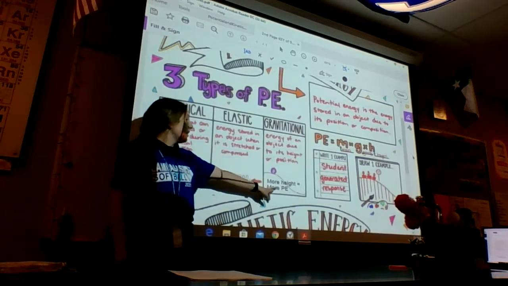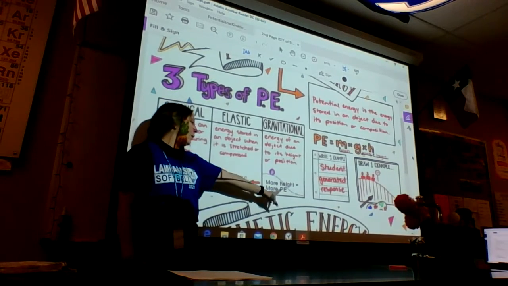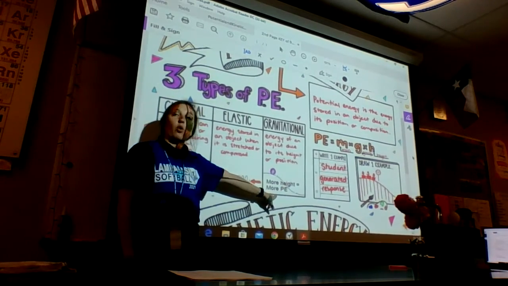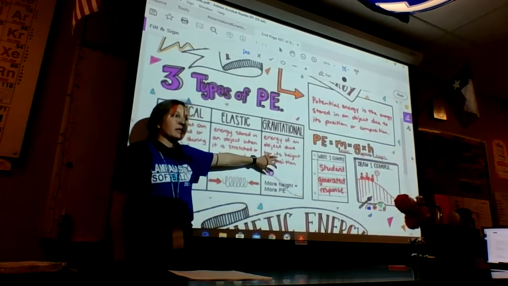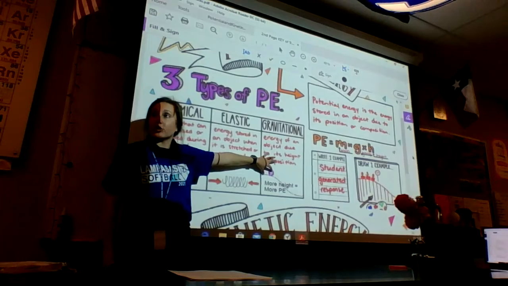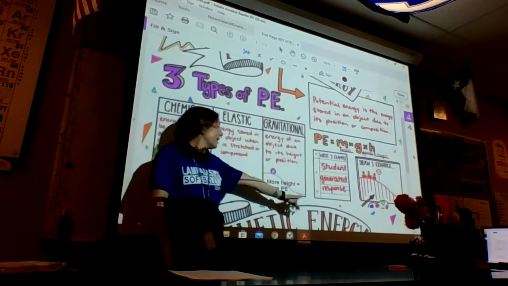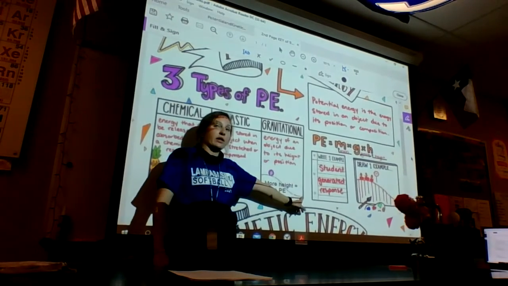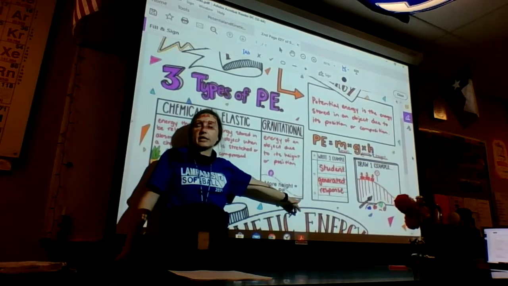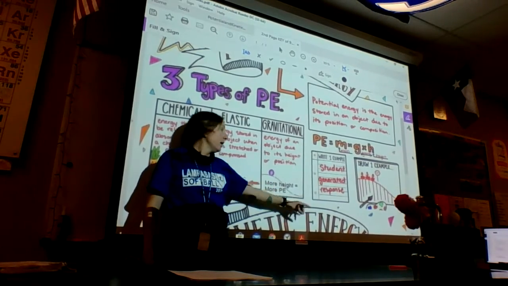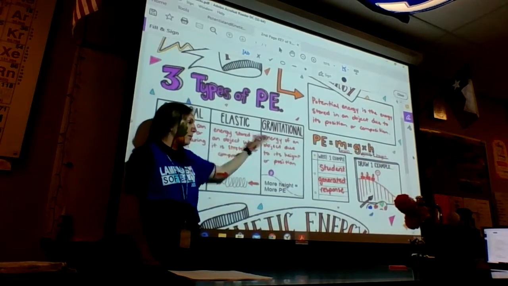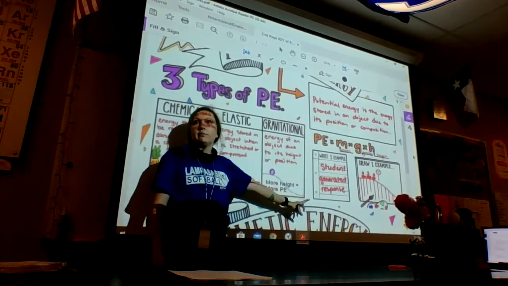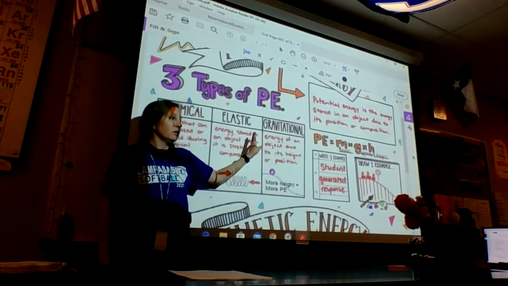Let me talk about this gravitational energy and what I wrote here. More height equals more potential energy. If this ball is sitting still on top of this hill, it has potential energy on top of the hill. It rolls and now rests at the bottom of the hill where it has potential energy again, because it's sitting still. It has more potential energy at the top than at the bottom because it's at a taller height.